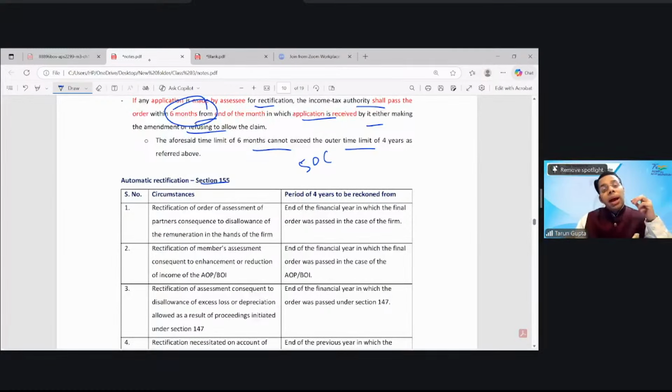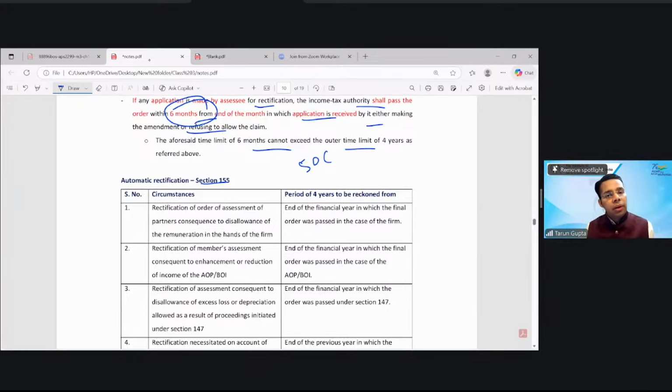But it may happen that the order on stamp duty value by the state government may come after the 4 years, may come after 10 years. Only after 10 years, it comes to be known that the assessment which was made 10 years before was wrong. The basis on which the assessment was made, the stamp duty value, has changed, and therefore the assessment should also change, and therefore the assessee is eligible for refund.